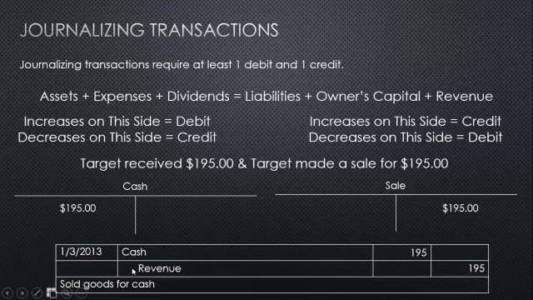Give it space, and then put the account name, skip the first box, and put $195 in the second box. That's your credit box. So the third column of boxes is your debits. Your fourth column is your credits. Okay, so that's how we journalize our transactions.